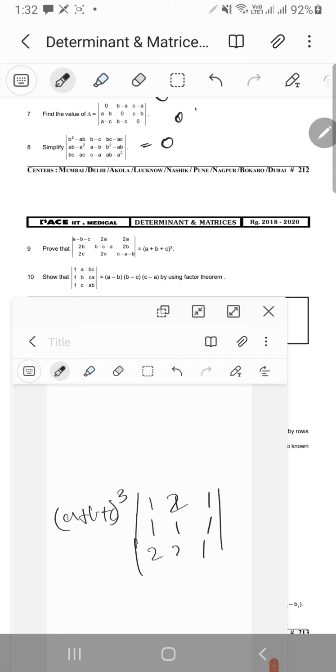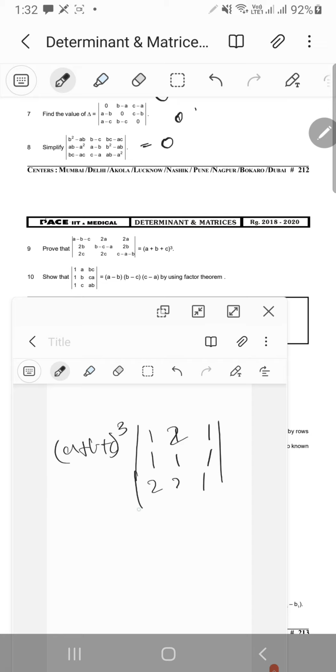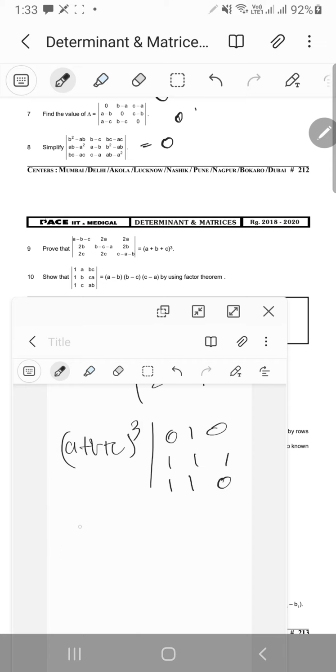Cool. And then what? Then subtract this thing from that. So a plus b plus c cubed, 0 1 0, 1 1 1, 1 1 0. Subtract once again, so a plus b plus c cubed, 0 1 0. Subtract this from that.